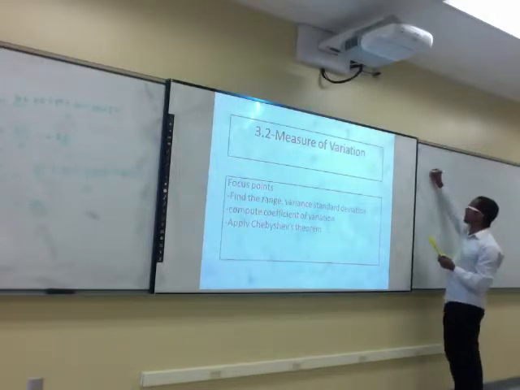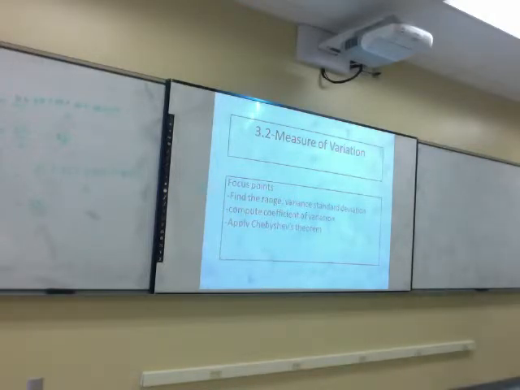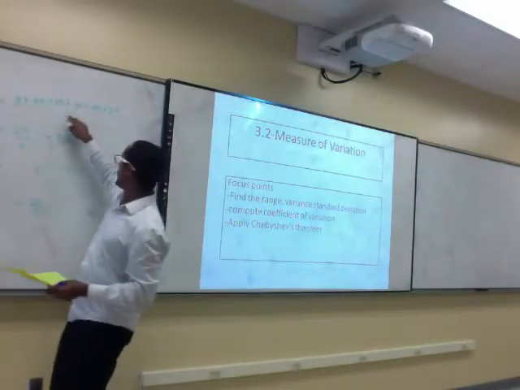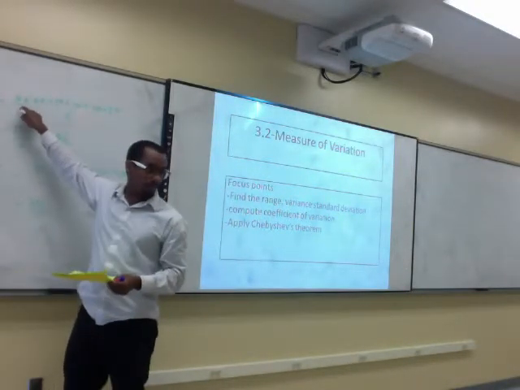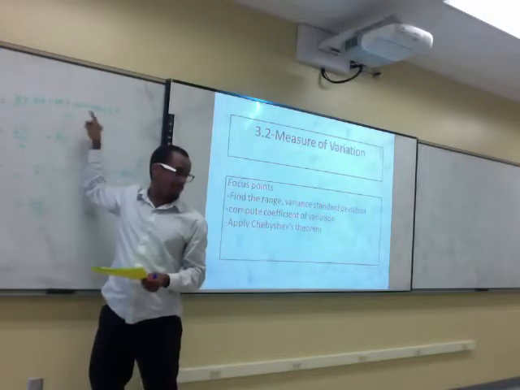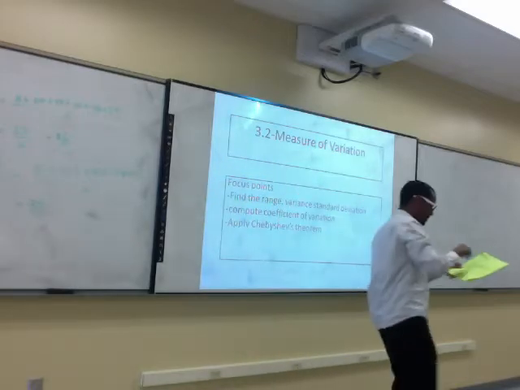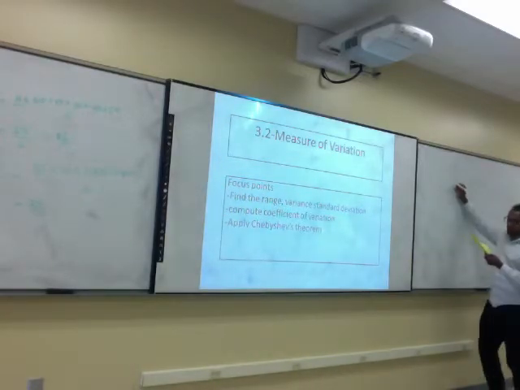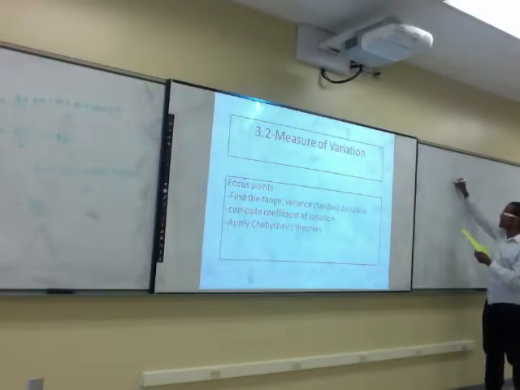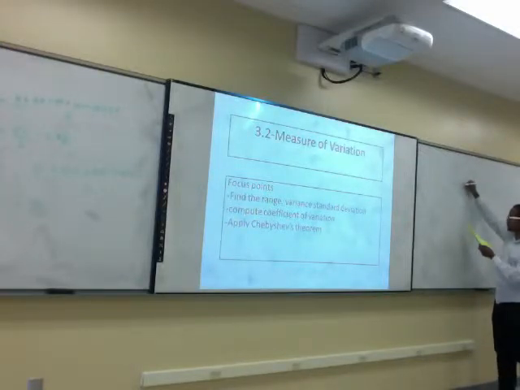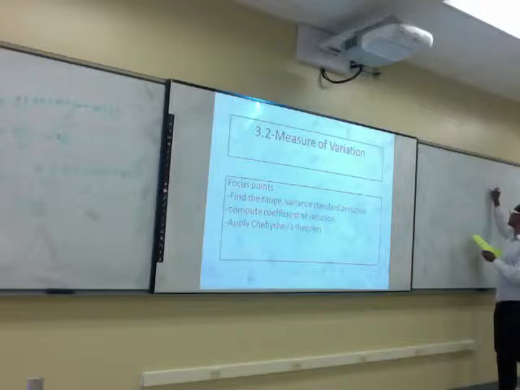When we talk about variation, range can also be used to measure the variation, but it doesn't tell you everything, right? If I take the maximum of 60 and the minimum of 10, that doesn't tell me about the rest of the data in my brand A type. So I need to be very careful that range sometimes doesn't give you what you're looking for. The range is the maximum value minus minimum value.